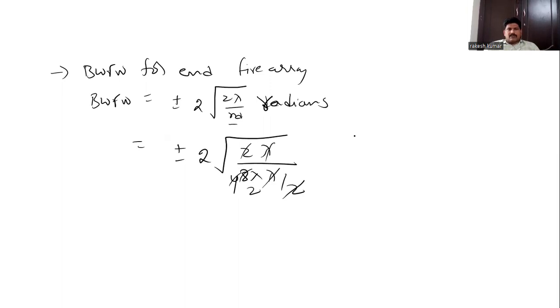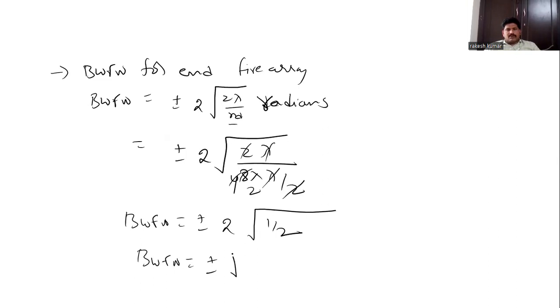2 ones are 2, 2 fours are 8, 2 ones, 2 twos. Lambda gets cancelled. So beamwidth between first nulls is equal to plus or minus 2 into root of 1 by 2. If I bring this 2 inside, it becomes 4 by 2, that is 2, so it is equal to plus or minus root 2.